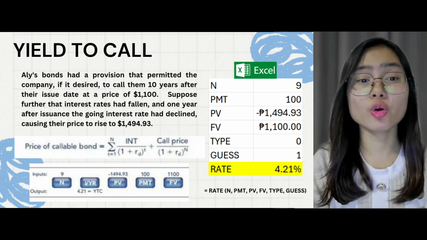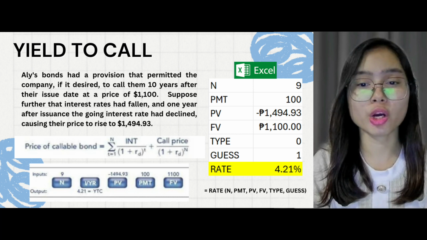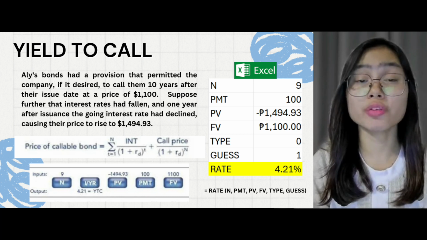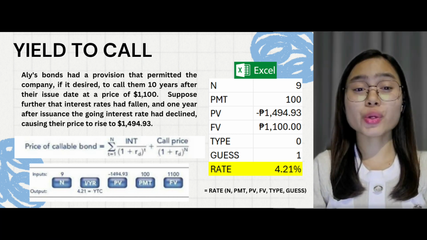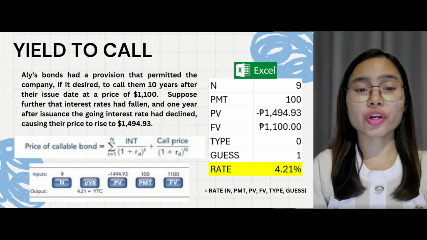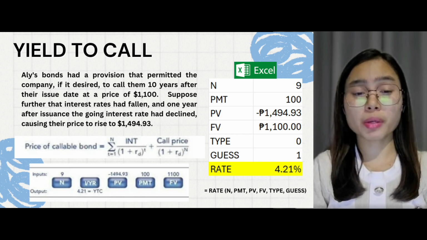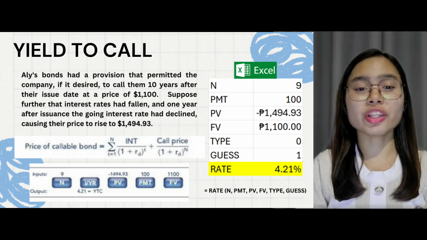However, finding rd equals YTC by trial and error would be a time-consuming process, so it is better to solve it using Excel. For the number of years before the bond is called, or the N, we have 9. Then for the interest paid each year, that is also equal to PMT, the periodic interest payment, we have $100.